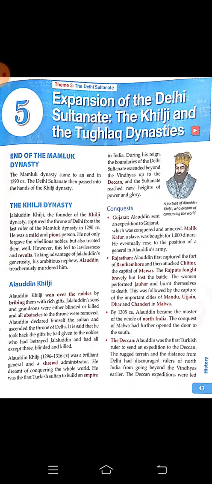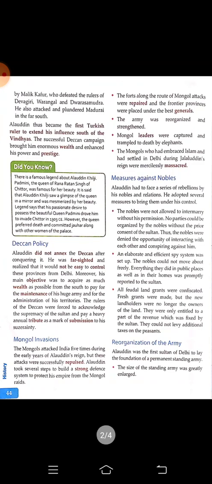This was also followed by the capture of the important cities of Mandu, Ujjain, Dhar, and Chanderi in Malwa. So all these areas, basically North India, were getting captured by Alauddin Khilji. Not only that, the Deccan was also getting captured by Alauddin Khilji.